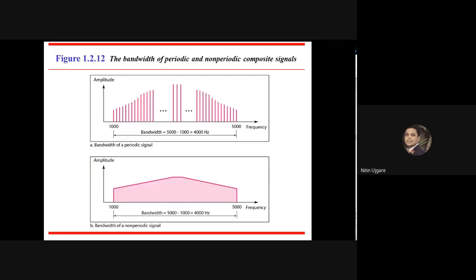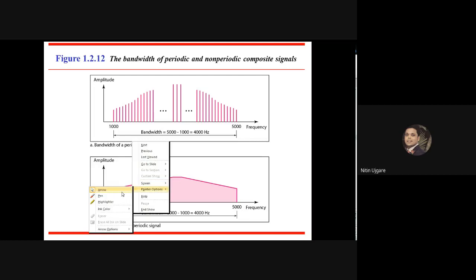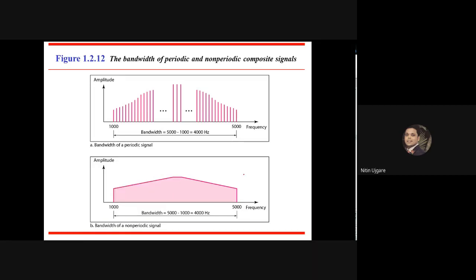Here in this example, you can see the bandwidth of the periodic and non-periodic composite signal. The bandwidth of the periodic signal is calculated as 4000, because the lowest frequency is 1000 kilohertz and the highest frequency is 5000 kilohertz.